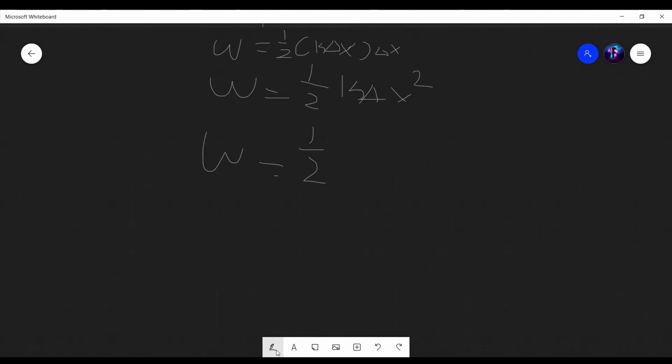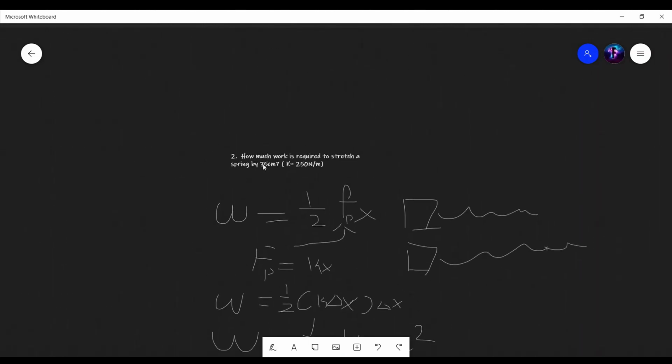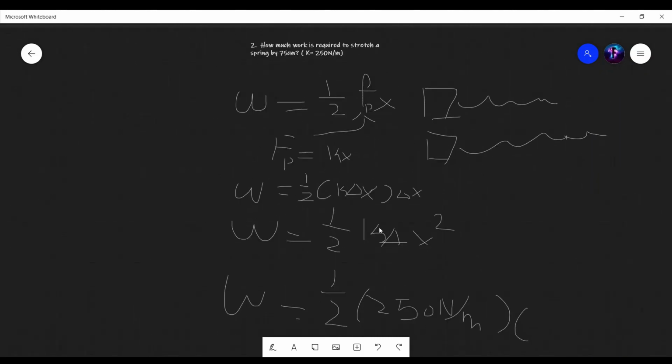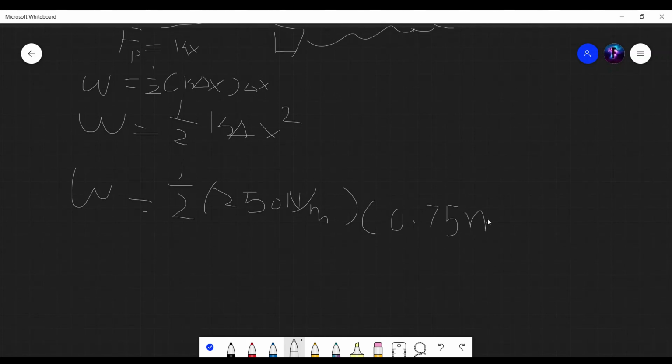So we're going to times 250 newtons per meter, as well as the change in X. So the change in X is, go up here, 75 centimeters. We gotta convert it into meters, so 0.75 meters squared.